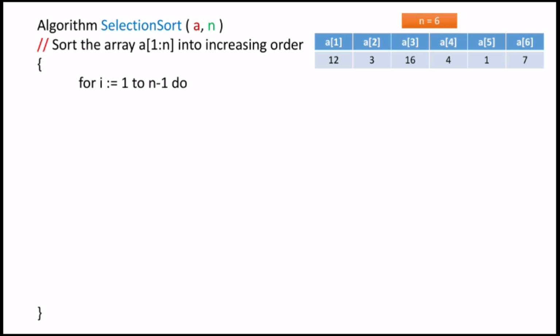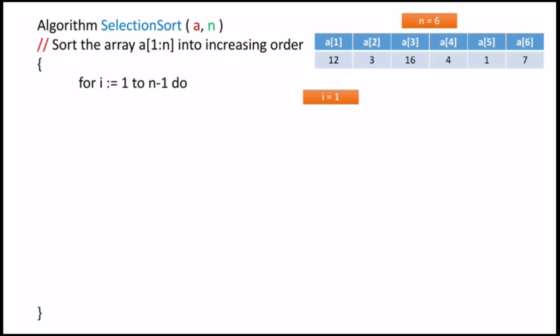This is the statement for that, and this loop will repeat 5 times as per our given example. At the start, the value of i will be 1. This loop is used to find the first minimum number from the unsorted list. So here i is at the starting, i is equal to 1.